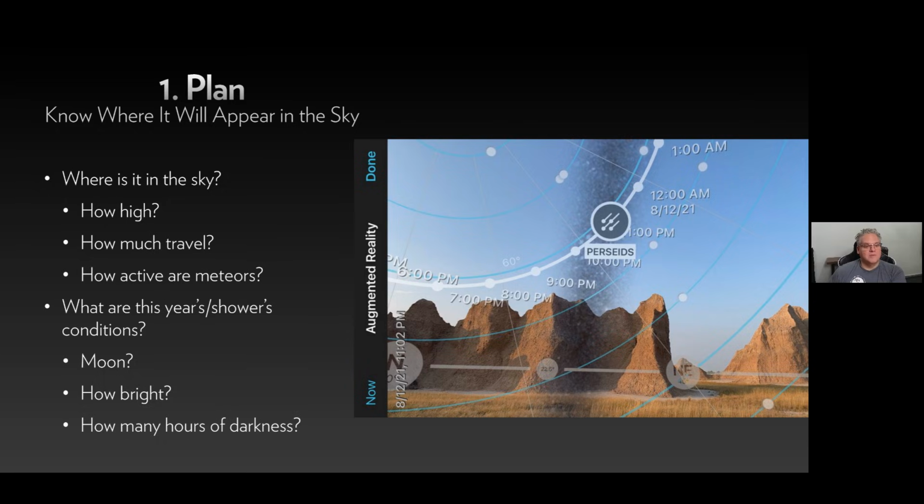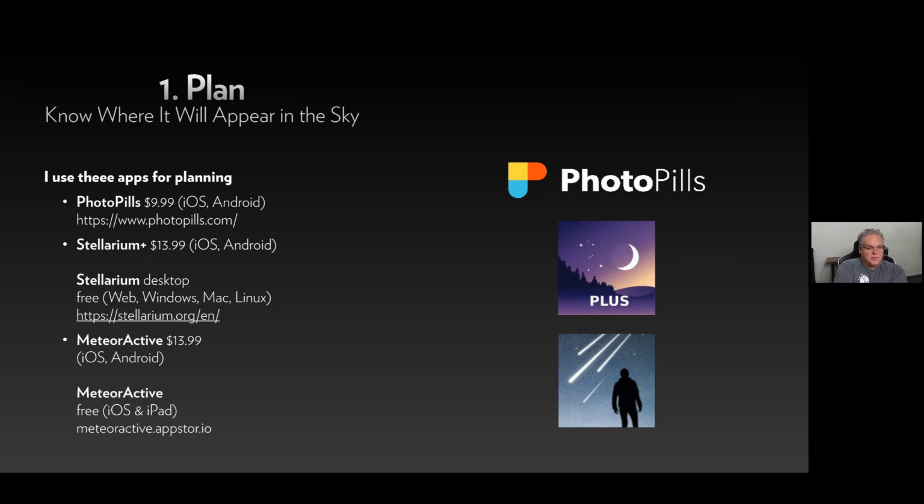So how many hours of darkness will there be? These are really important questions during your planning stage to know whether you're going to have chances of success for photographing meteors.